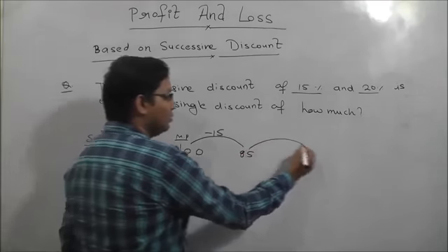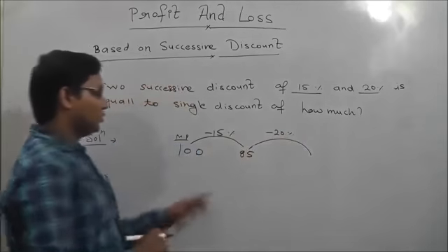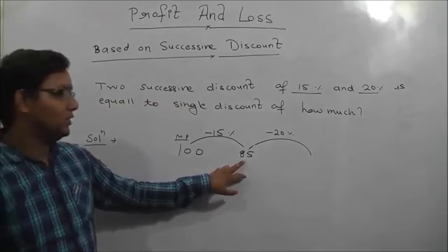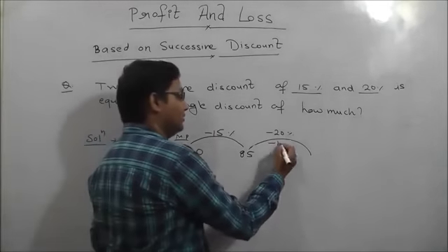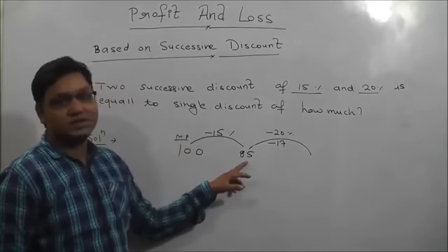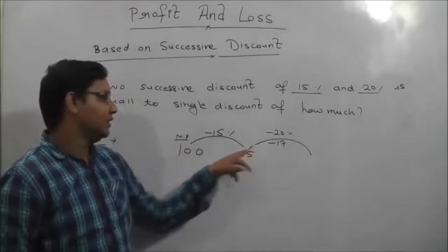Again a discount of 20%, so minus 20%. 10% of 85 is 8.5, so 20% will be 8.5 into 2, which is 17. So 85 minus 17 becomes 68.